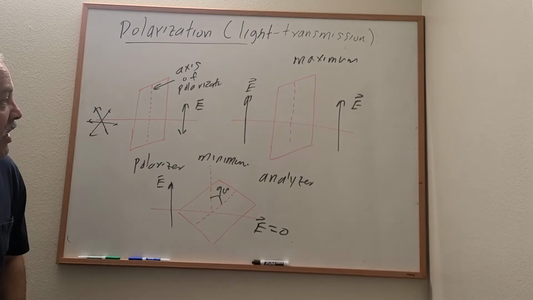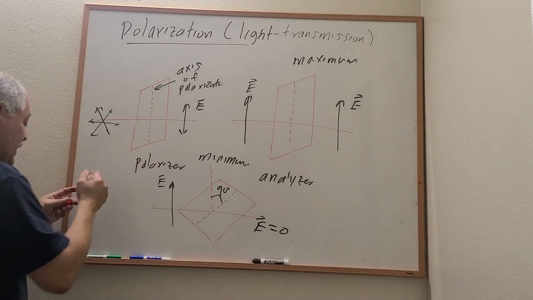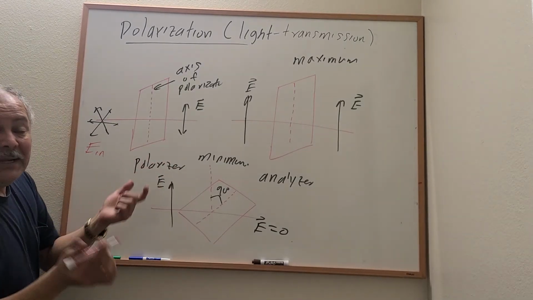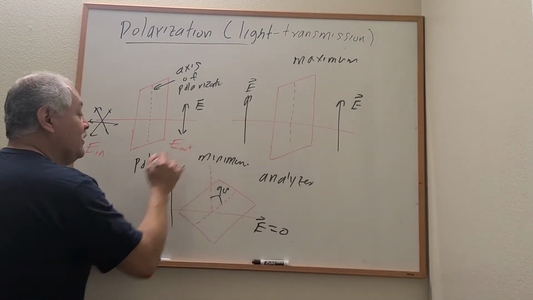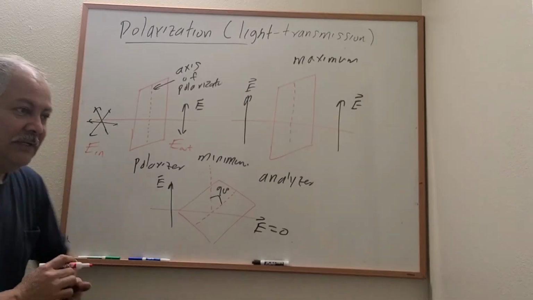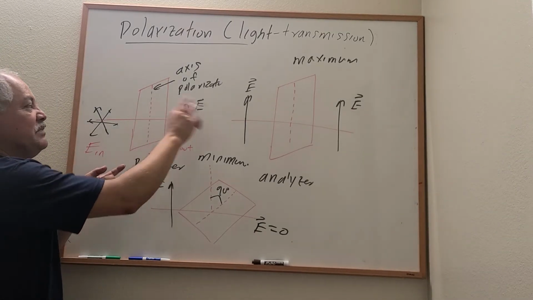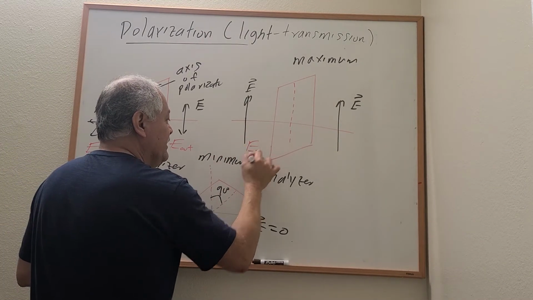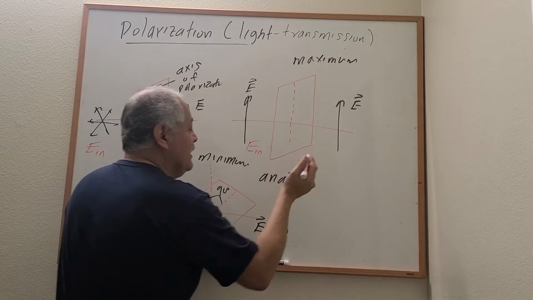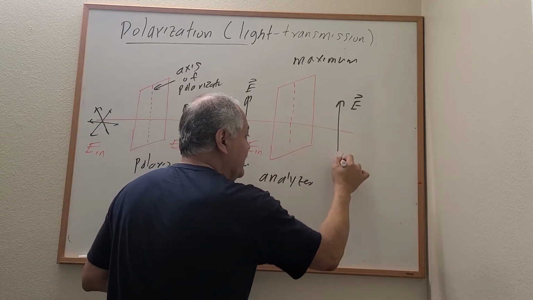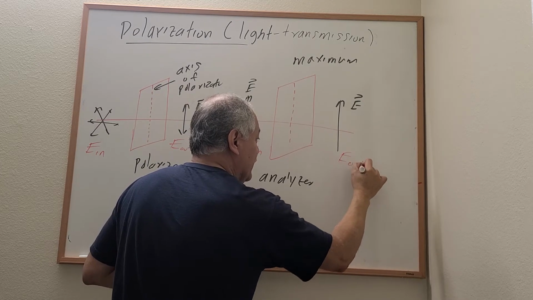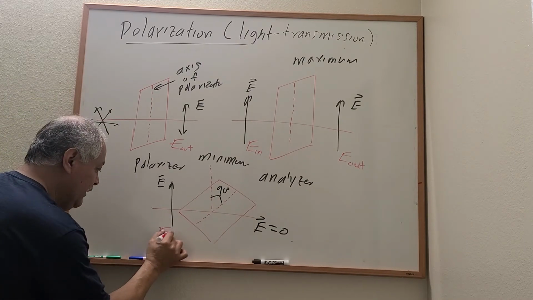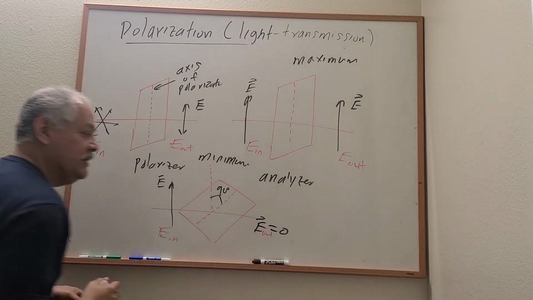So in this case, we will call this the incoming electric field magnitude. This is going to be the resultant magnitude transmitted through this polarizer. If this is the incoming electric field, it's going to be the outgoing electric field. In this case it's the same, and right here it's 0.